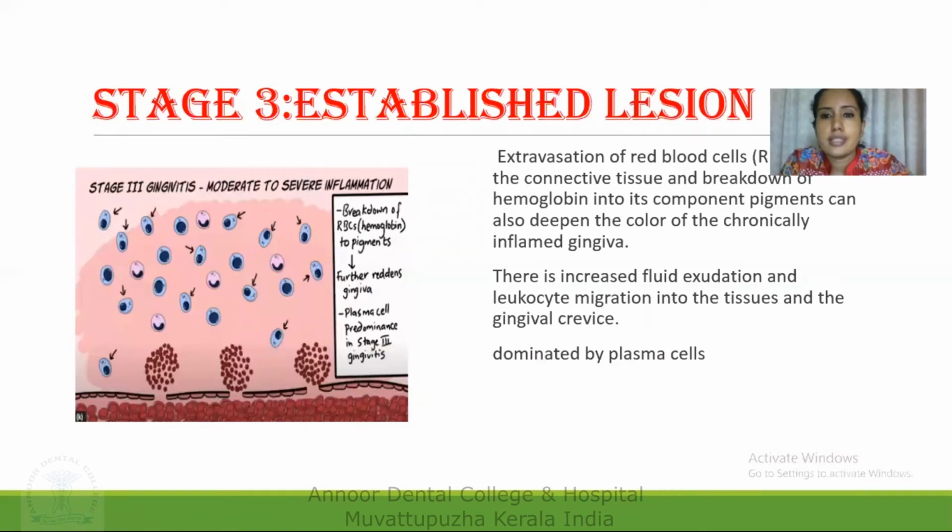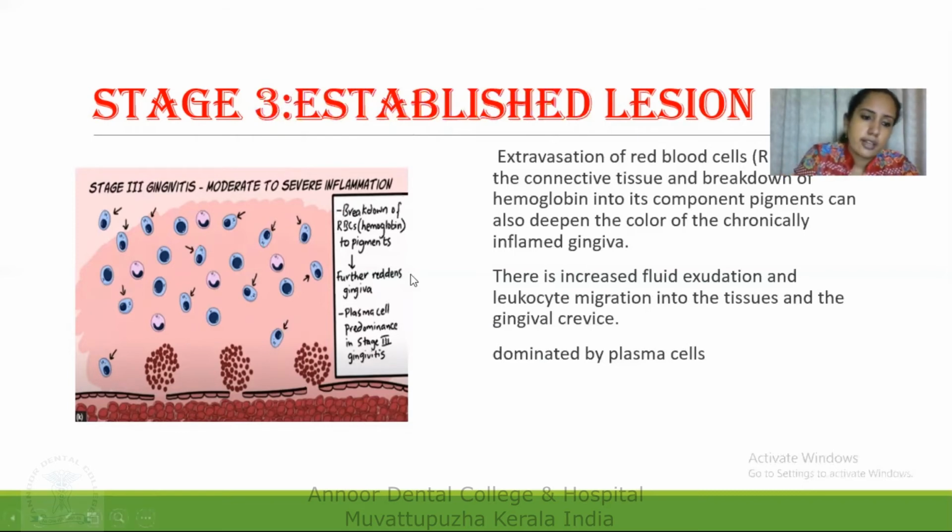Now we are coming to stage 3, which is the established lesion. In the established lesion, the extravasation of red blood cells into the connective tissue takes place, and there is a breakdown of hemoglobin into its component pigments that deepens the color of the gingiva.